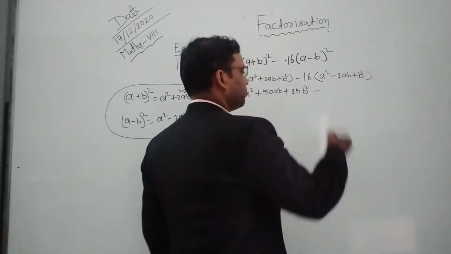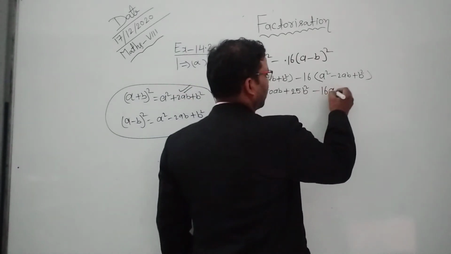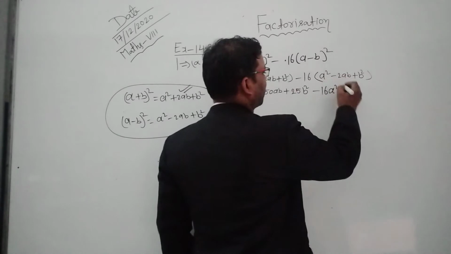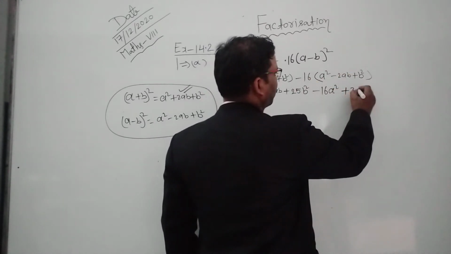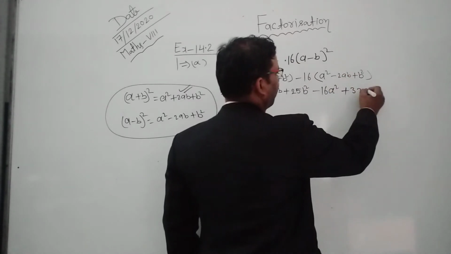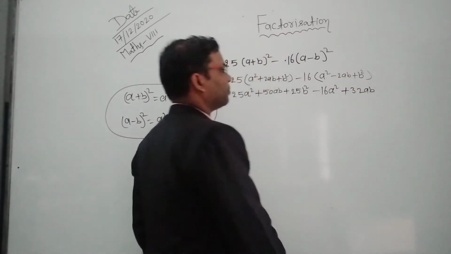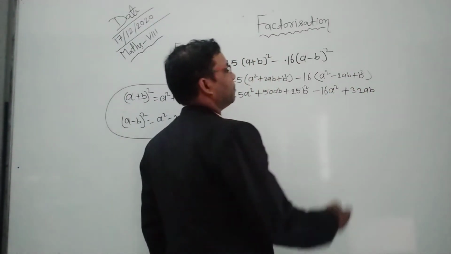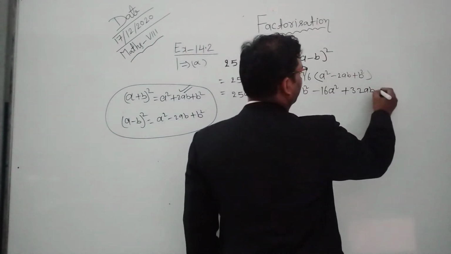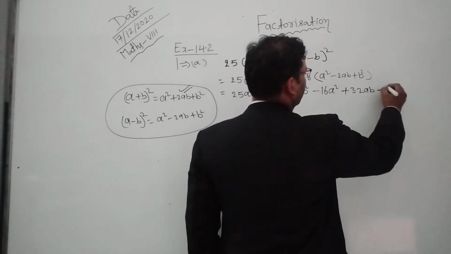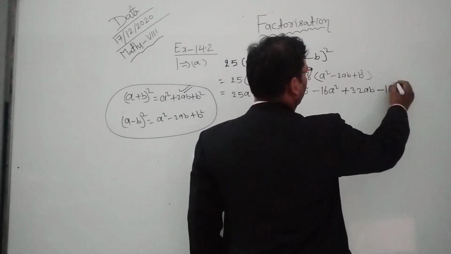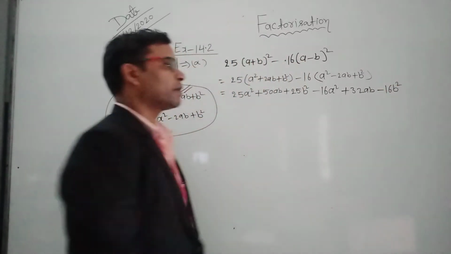So here it becomes minus 16 a square, minus into minus is plus, so 16 into 2 is 32 ab. Is it clear? And minus into plus is equal to minus 16 into b square. This becomes minus 16 b square. This is clear?